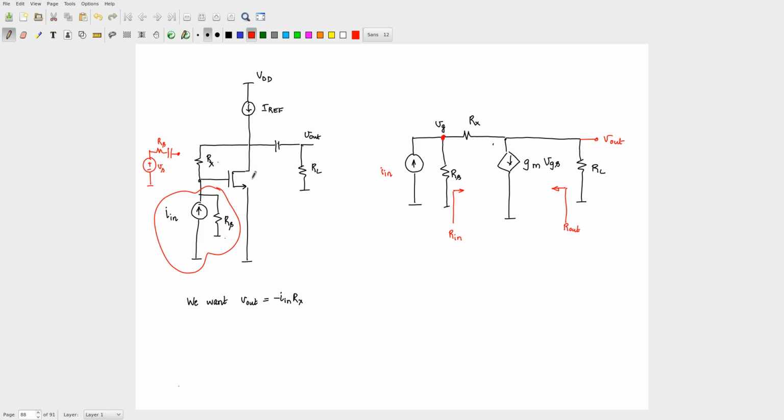Right? So basically the difference between the common source amplifier with drain feedback and the current controlled voltage source is basically in the magnitude of this feedback. So if you have Rx being very large, and very large is defined again by whatever we derived earlier, then the feedback is weak and it will only work like a common source amplifier.